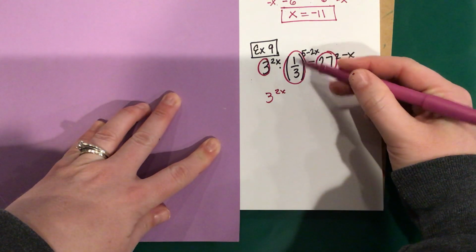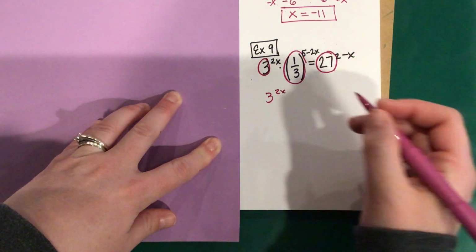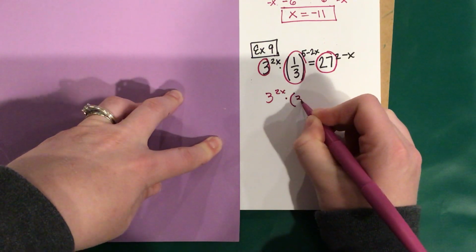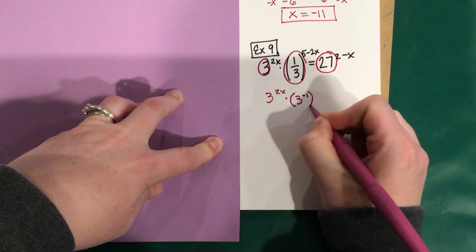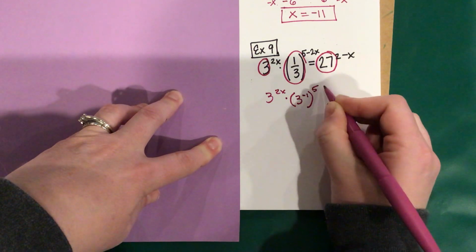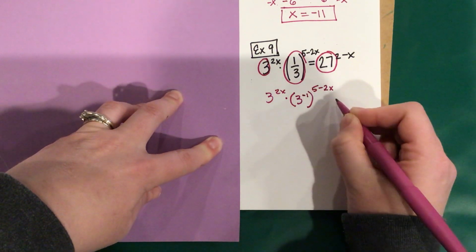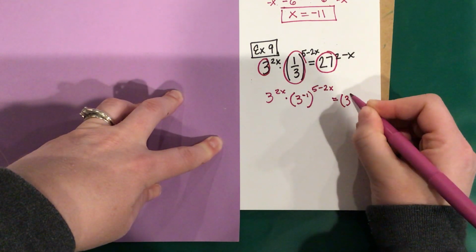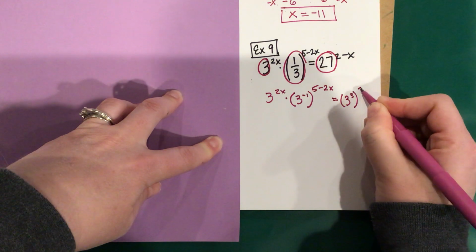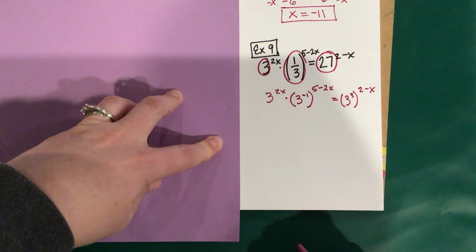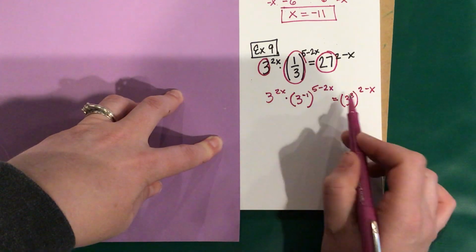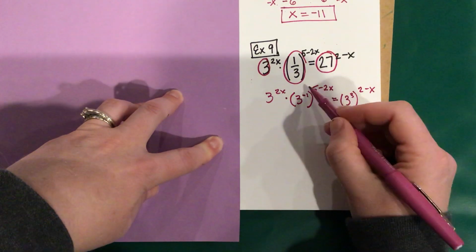If I have 1/3, that would be the same thing as having 3 to the negative 1 raised to the 5 minus 2x, and 27 is 3 cubed raised to the 2 minus x. Well, I can't drop my bases yet because I still have 2 of them here. I have these powers to powers, so we've got more work to do.